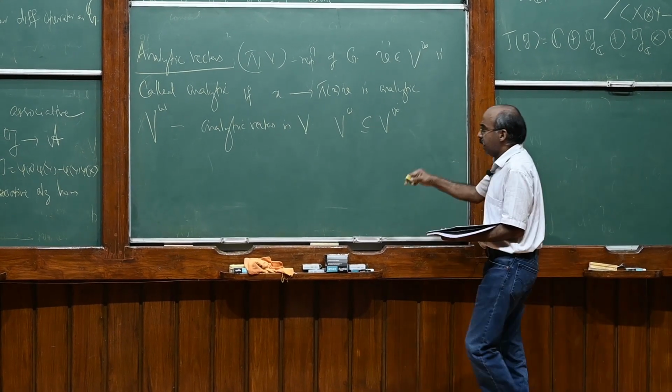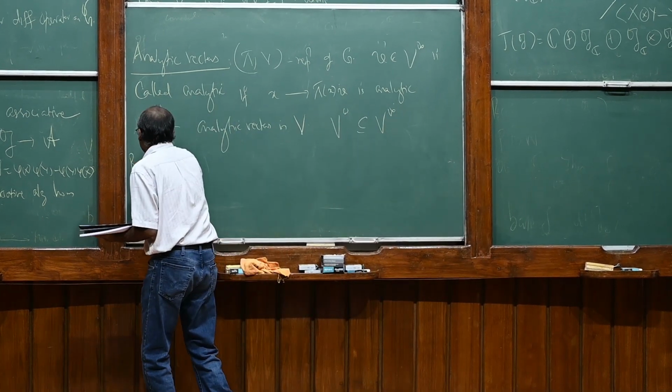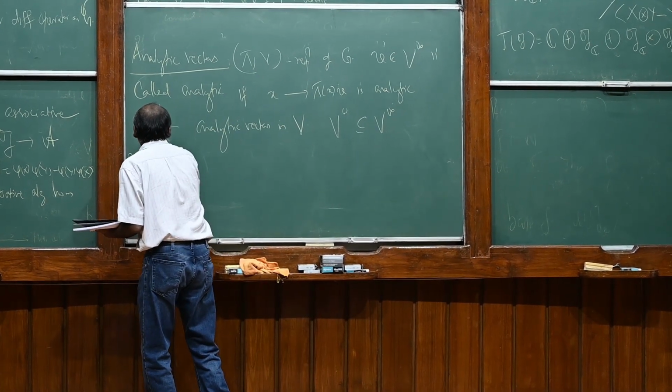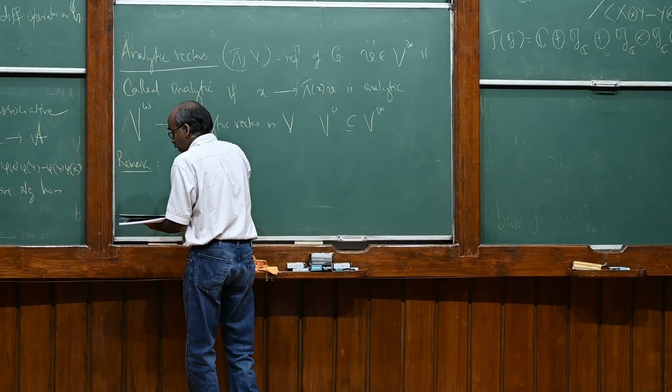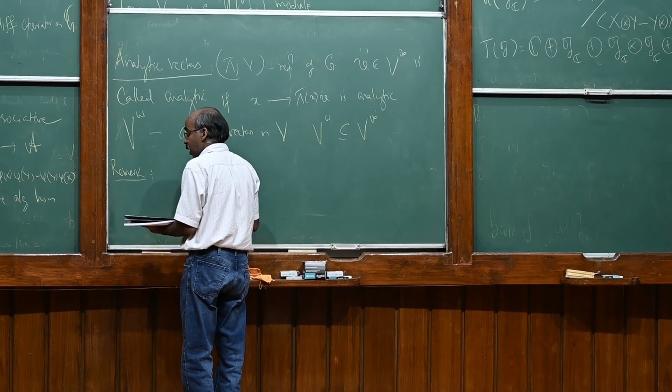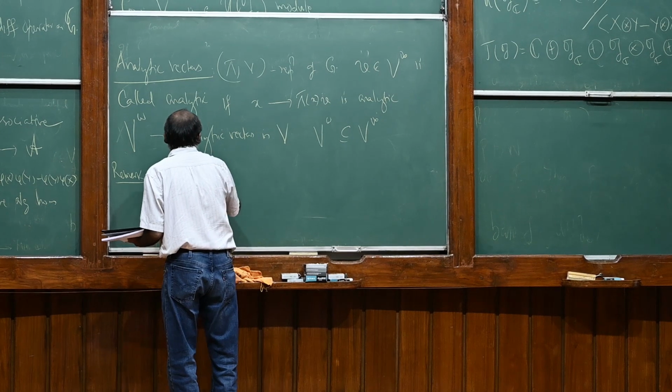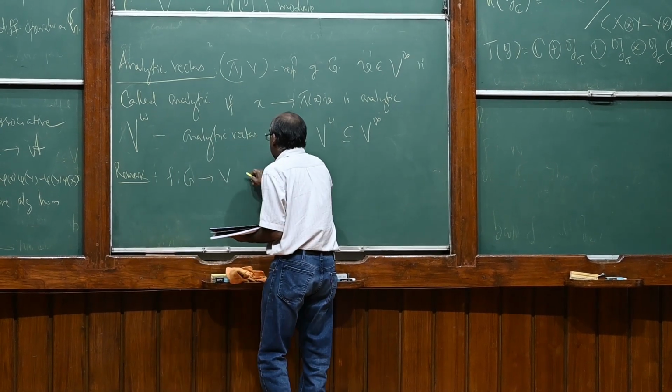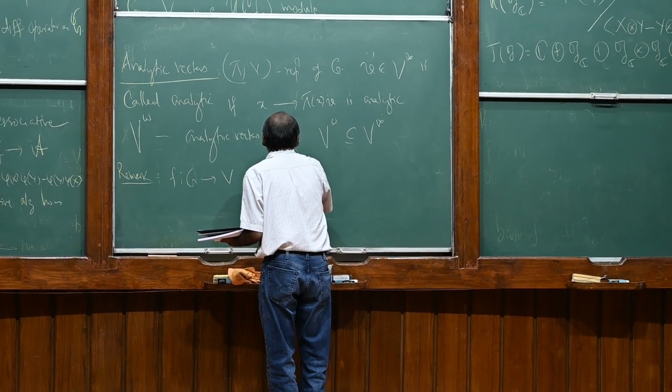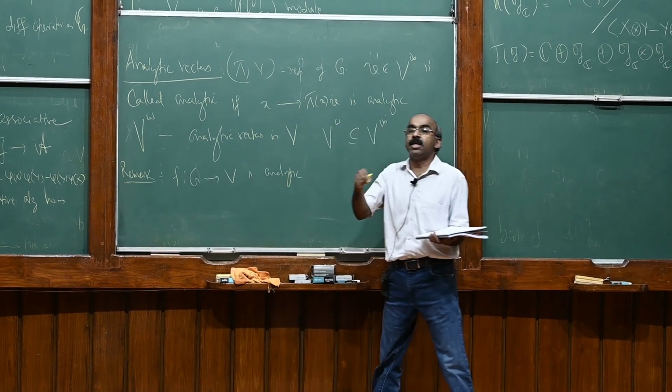Okay, so just a remark here, that whether weak or strong analyticity, it's all the same. F from, let's say, G to V is analytic, which means you have a power series expansion, right?